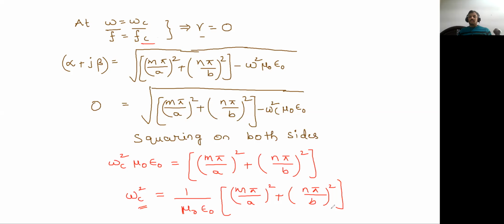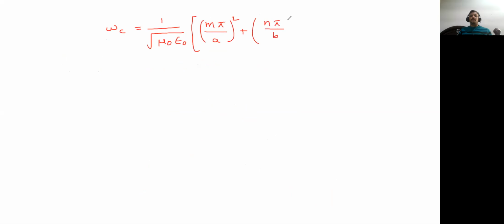So for that, I'll go to the next slide. Omega c will now become 1 by under root of mu naught epsilon naught, and this also we could write in under root, but instead I'll write whole power 1 by 2, times [(m pi by a) whole square plus (n pi by b) whole square] whole power 1 by 2, or else you can write it as under root.